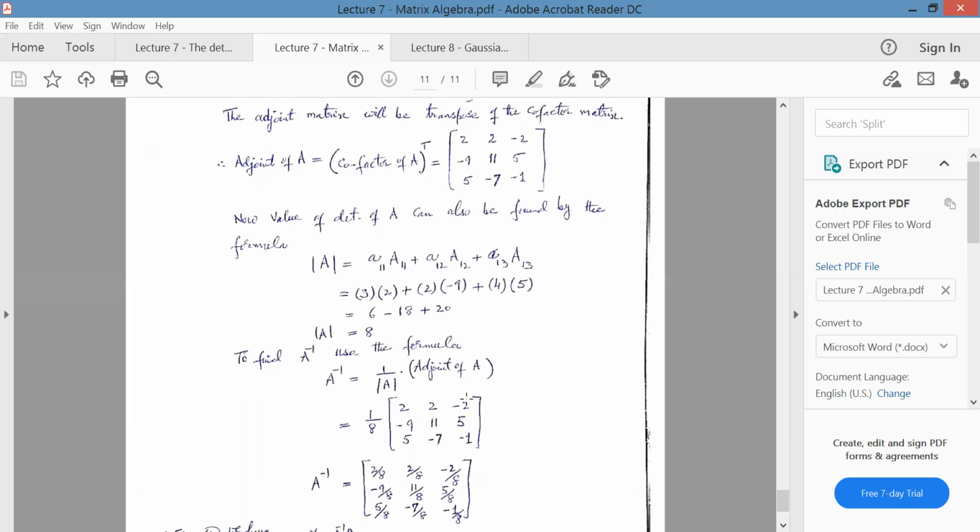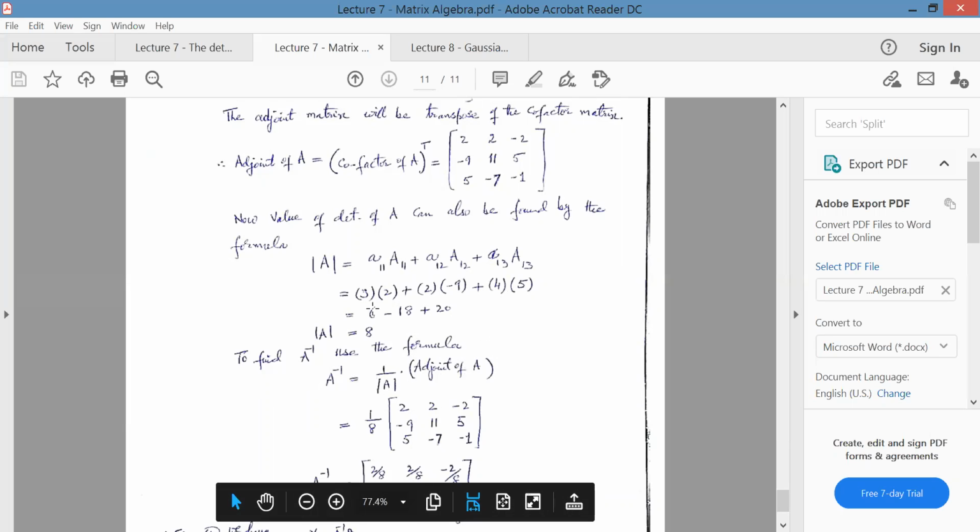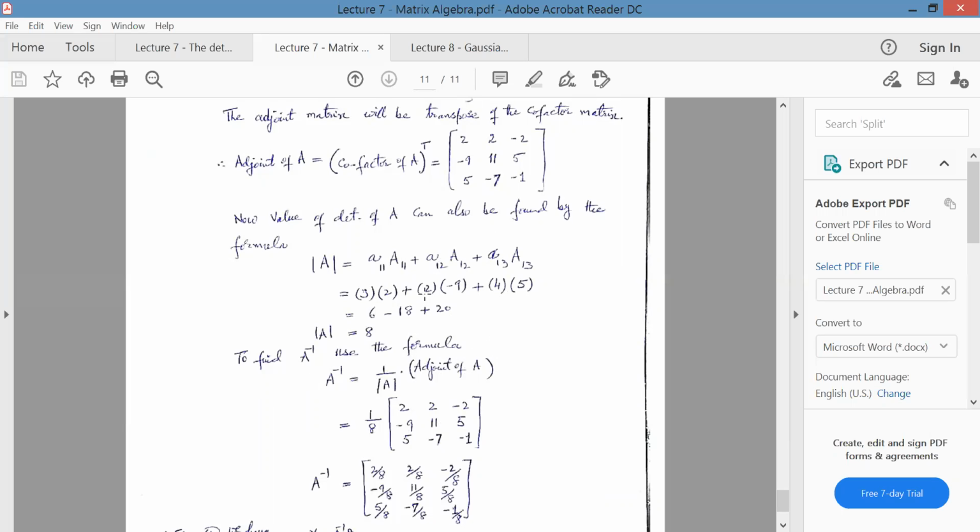So far we had been finding adjoint of A and we have evaluated the determinant of A. Okay, insert these values here. The 1 upon mod A, mod A means the determinant of A is 8. The remaining is adjoint of A. Adjoint of A is this one.